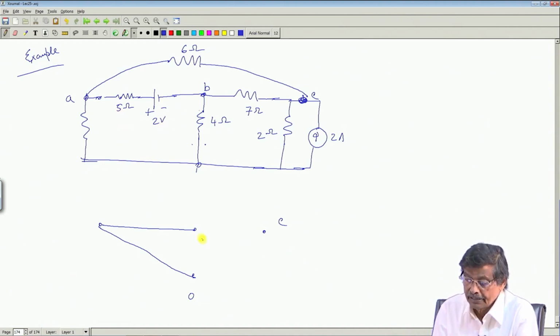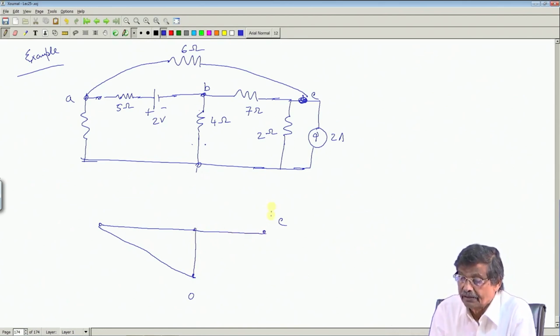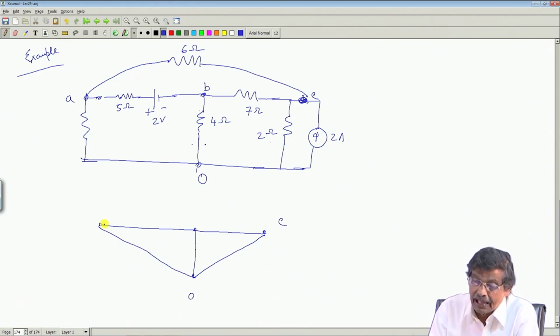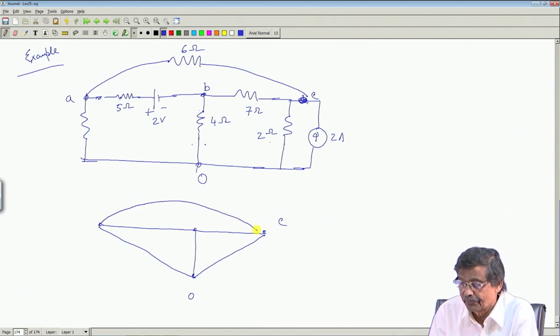Here also a single line, 4 ohm, here also a single line. Now, between this C and O, there is a resistance in parallel with a current source. While drawing the graph, I will just draw like this. Here actually this 2 ohm, and here is 6 ohm, and here you do not show any values.